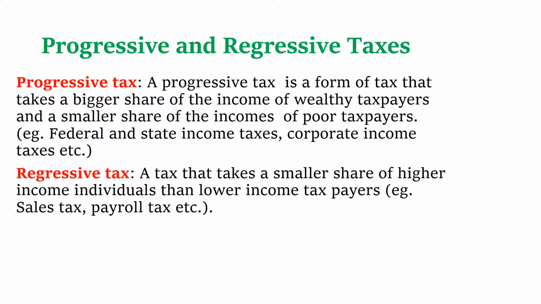Now, we move on to progressive and regressive taxes. A progressive tax is a form of tax that takes a bigger share of the income of wealthy taxpayers and a smaller share of the incomes of poor taxpayers. You have federal and state income taxes, corporate income taxes, etc. Most of these taxes are progressive because you have the pay-as-you-earn system.